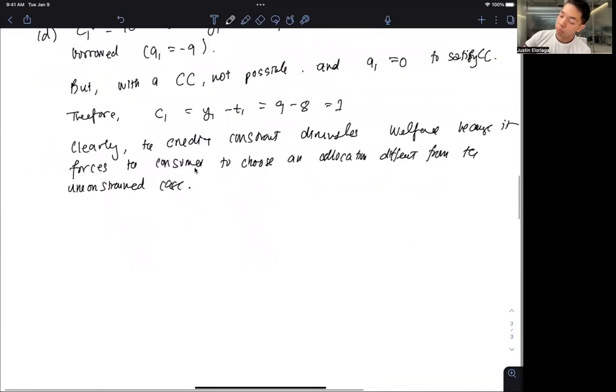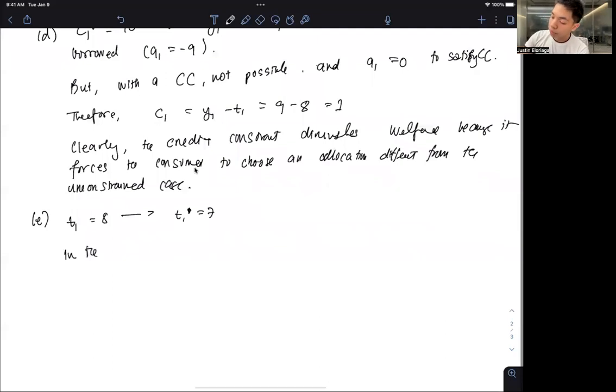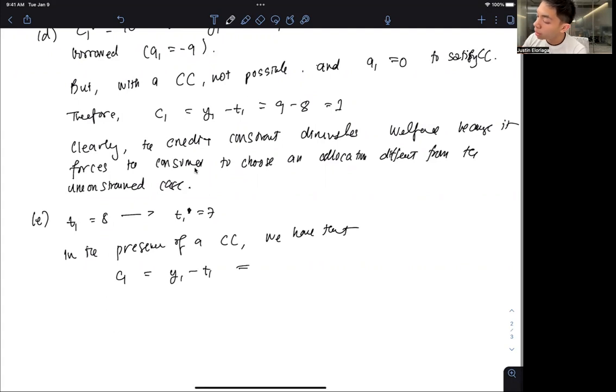Well, that's sort of simple. E. If T1 goes from 8 to 7, then we know that in the presence of the credit constraint, C1 is equal to Y1 minus T1, which is equal to 9 minus 7, which is 2.